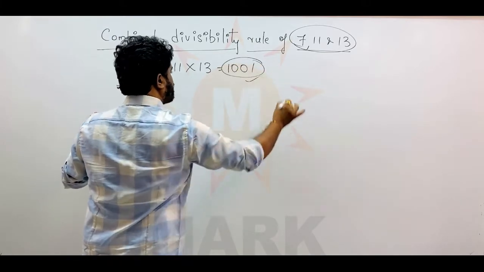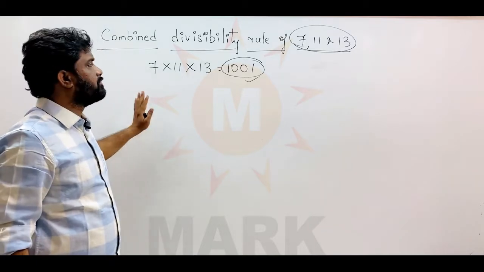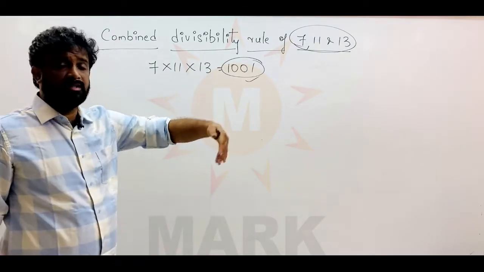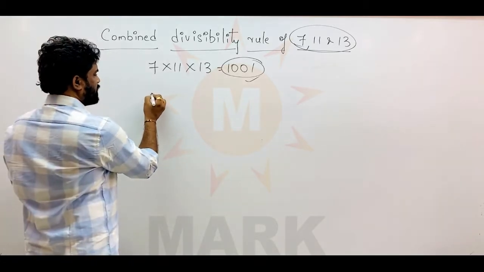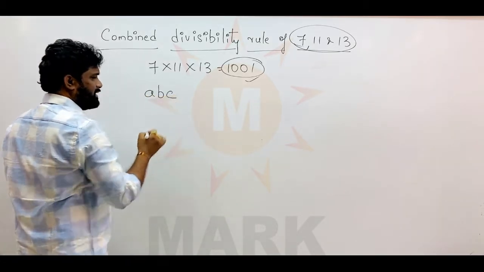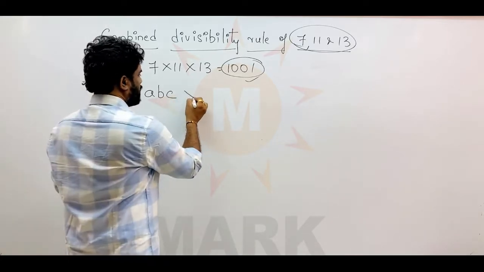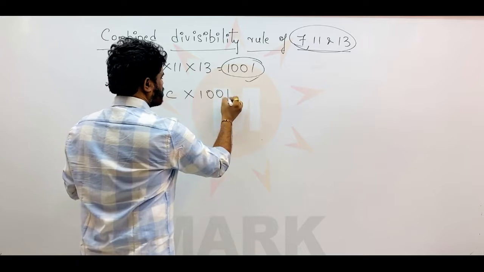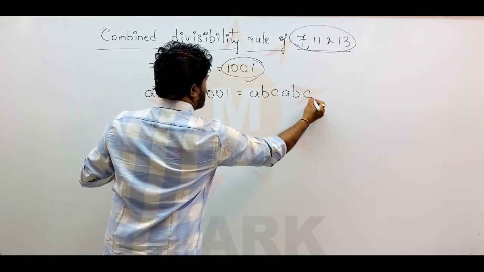So what is this 1001? When we multiply any 3-digit number with 1001, what happens and how are questions framed? Friends, the trick is that any 3-digit number you take, say ABC, if you multiply that number with 1001, that 3-digit number will come again; you have to write it 2 times.